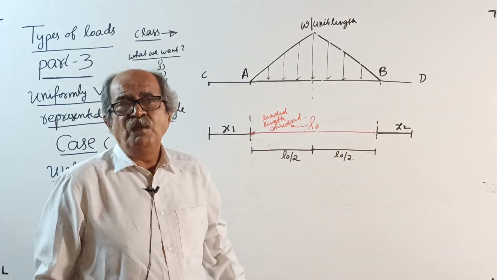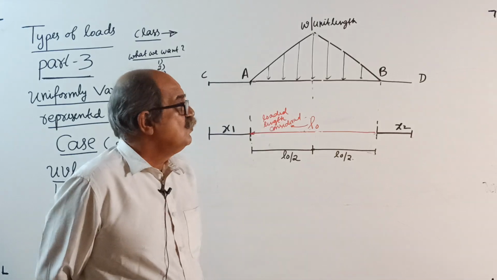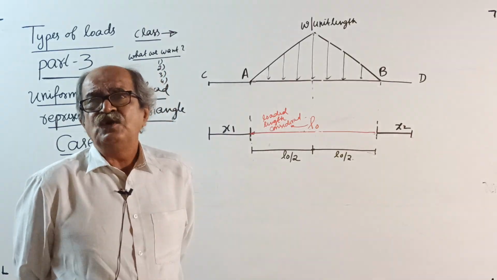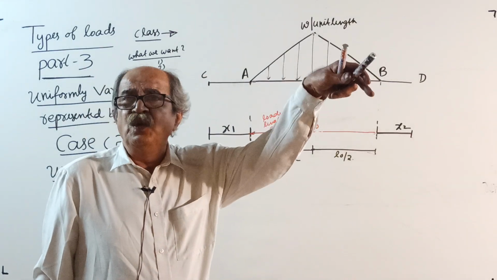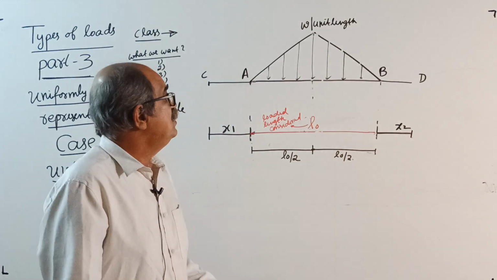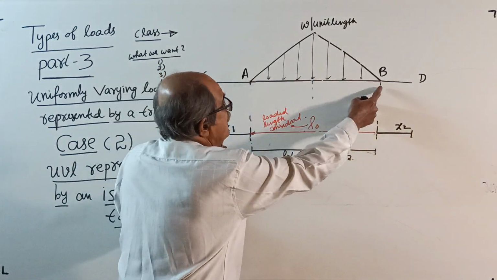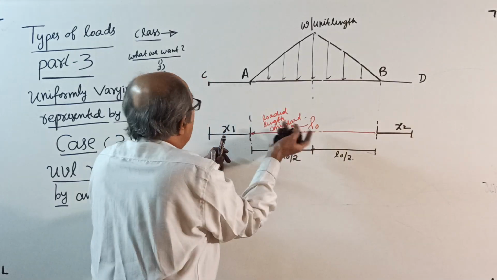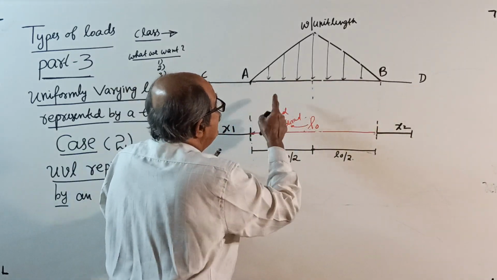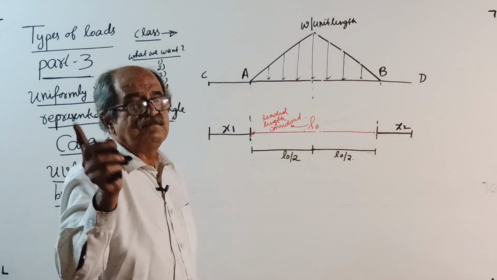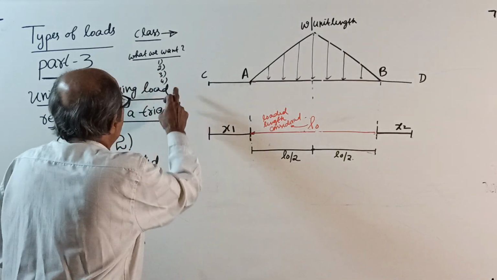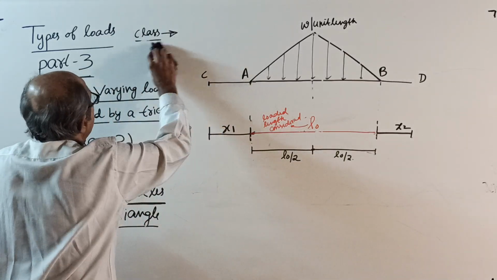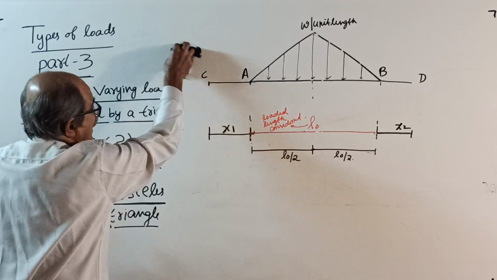Line of action of that total load. 4. Moment of that total load about the 2 extreme ends of the loaded length and also 2 points outside. Inside point I will take later. These are the 4 you require. Now, you write all these, if you want to systematically understand.